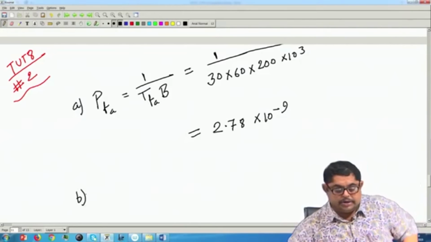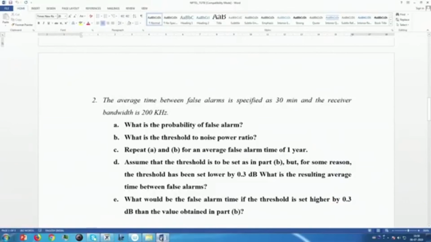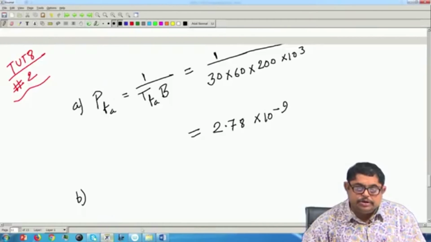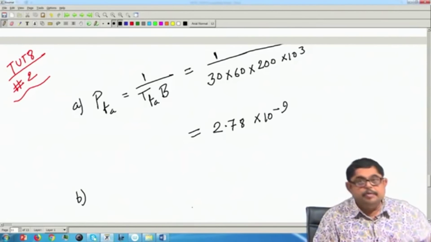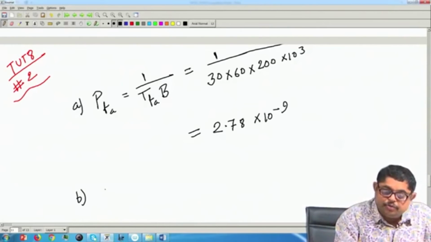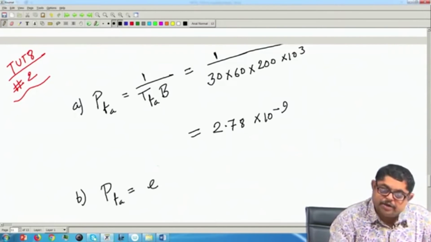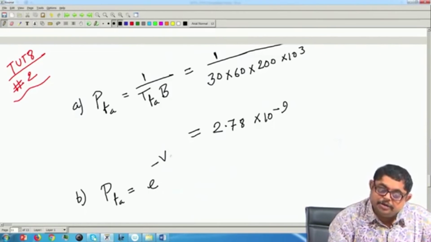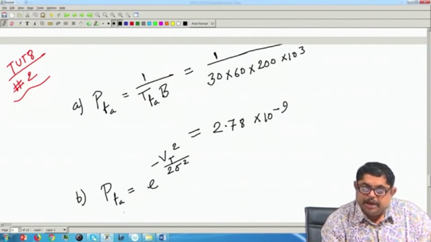Now, what is the question? What is the threshold to noise power ratio? That means, where I will put the threshold. I know the noise statistics, we are assuming Gaussian noise. So, I know sigma, then how to calculate what will be the V t to achieve this PFA or TFA. We know the relationship between PFA and V t that we found from the Rayleigh distribution and all those. So, PFA is known.